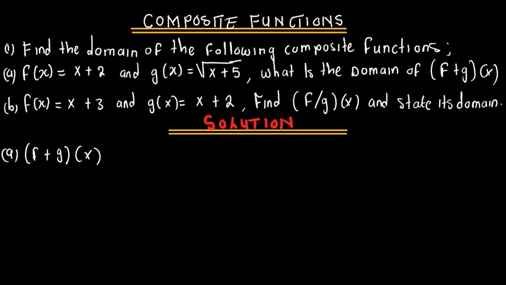Now, what we're going to do here is simply to add these two particular functions. So the function f of x is simply x plus 2, plus the function g of x, which is simply the radical of x plus 5.